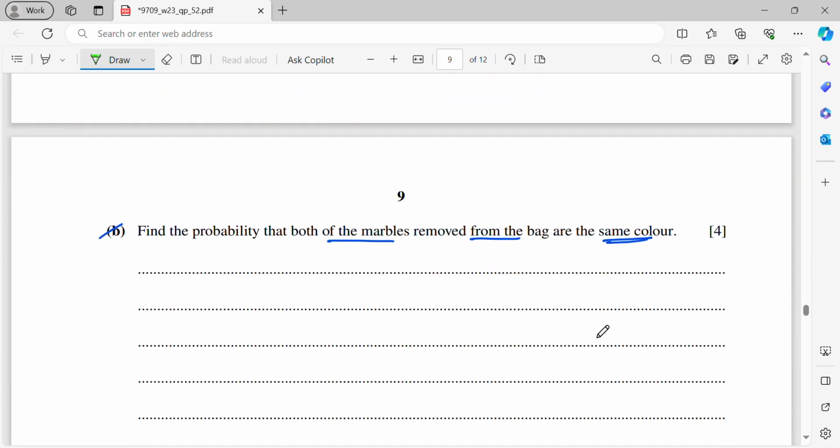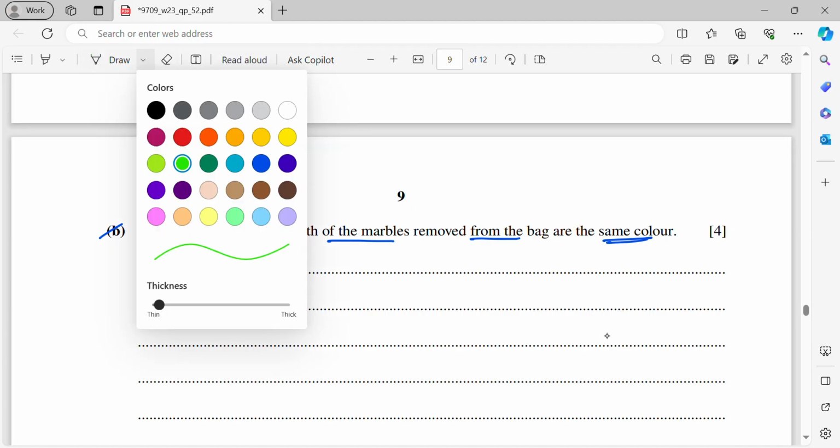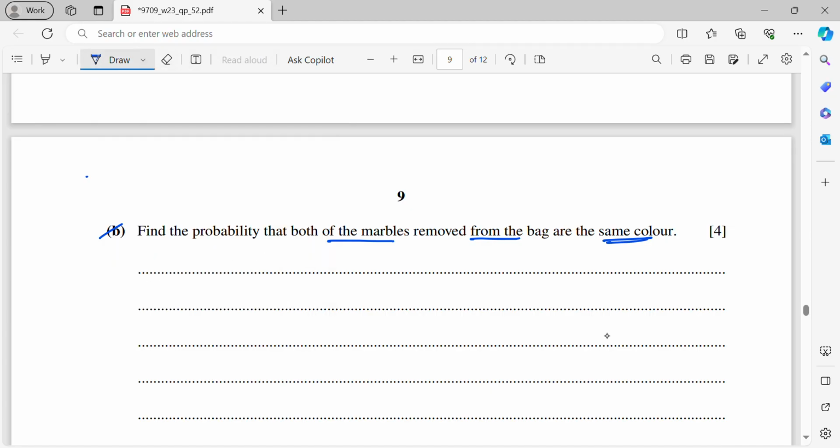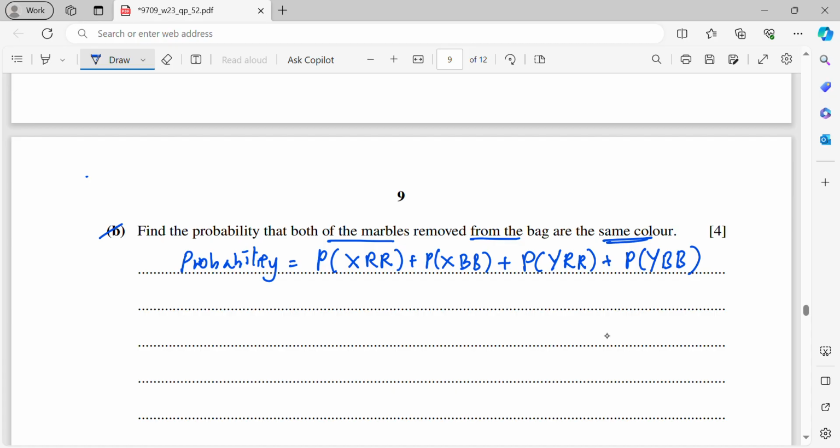So I will write here probability equals to P(bag X RR) or (bag X BB, both also blue), or (bag Y RR) or (bag Y BB). Okay, then for the bag X or Y, the probability is half.